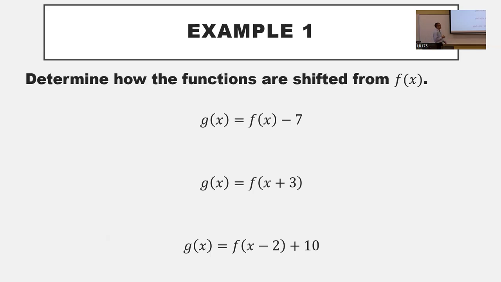This second one is a shift 3 units to the left. That's the one to be careful on. x minus h, that'd be a minus a negative 3. So we're going to the left 3 units.